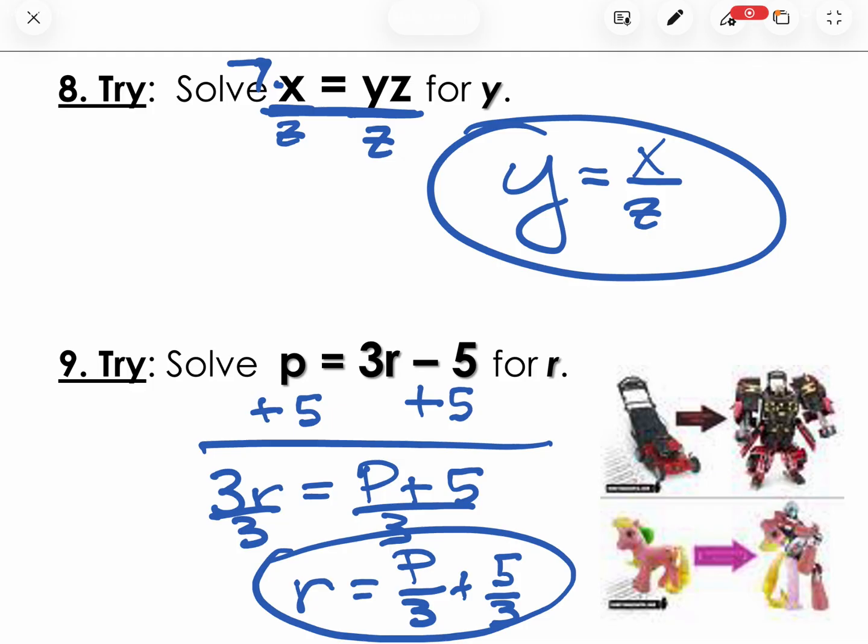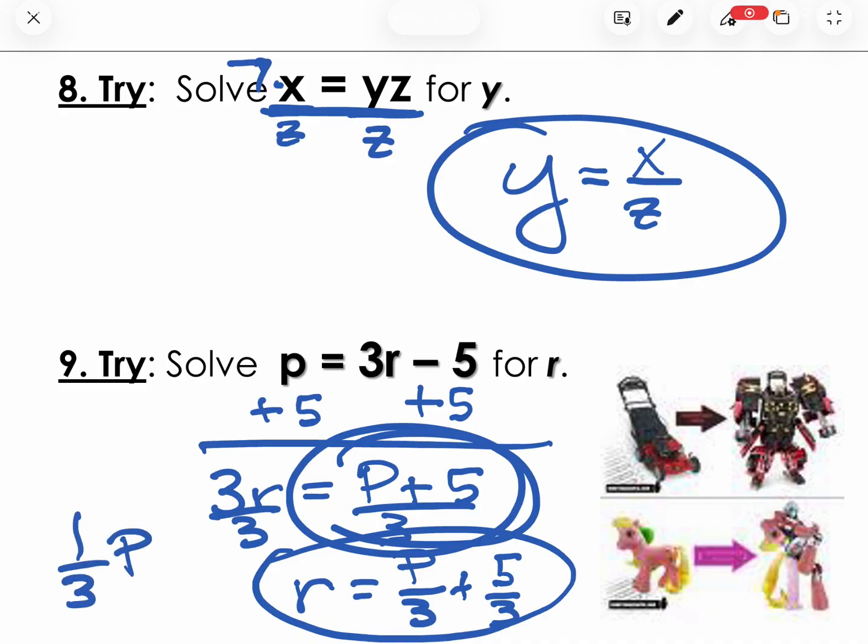I did r equals p plus 5 over 3. So you left it like this? Yeah. That's not going to be okay in our class, but I do think it gets counted right in Big Ideas. Yes. Is it okay if I put it as r equals 1 over 3? Yep. 1/3 p like this.